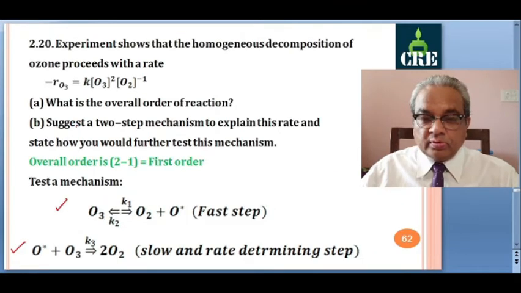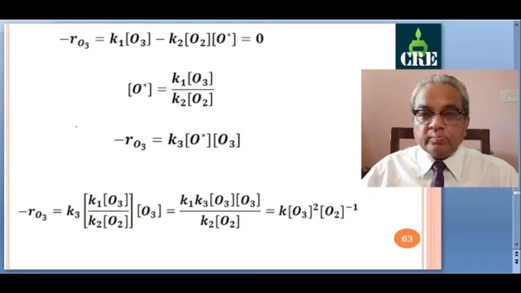Second step is rate determining step. So this step will determine the rate of disappearance of O3. So rate of disappearance of O3 is k3 O star O3.